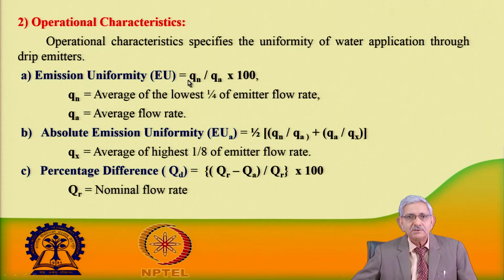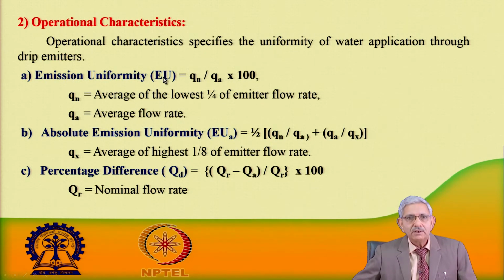The average of these last 6 drippers is Q n, and Q a is the average of the 24 drippers, the average flow rate. This value will be used to calculate the emission uniformity.